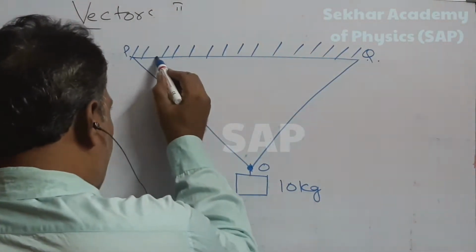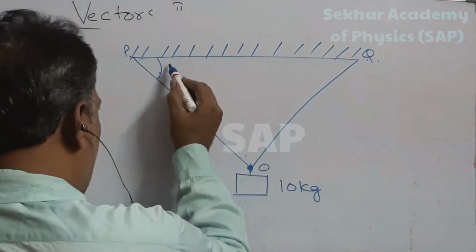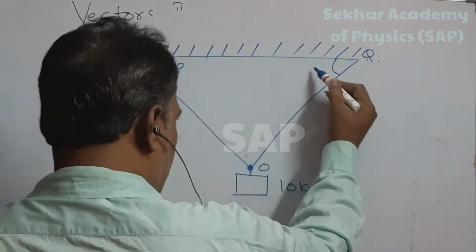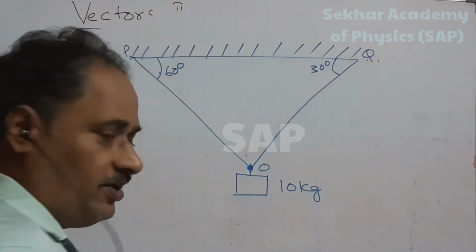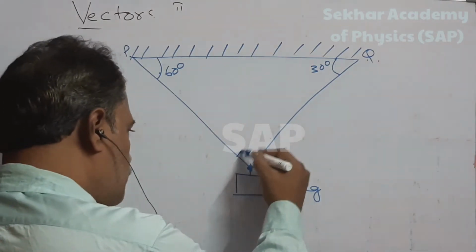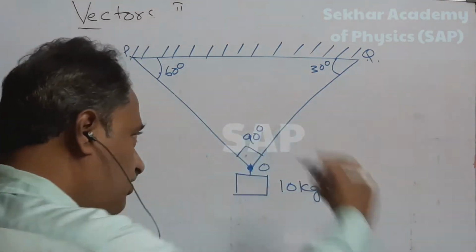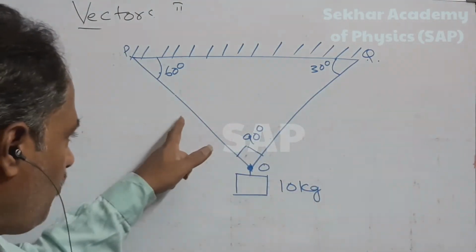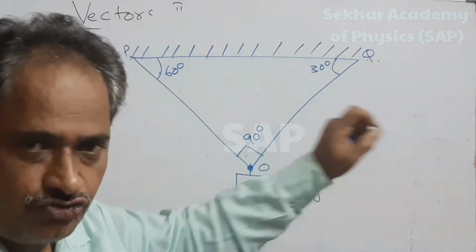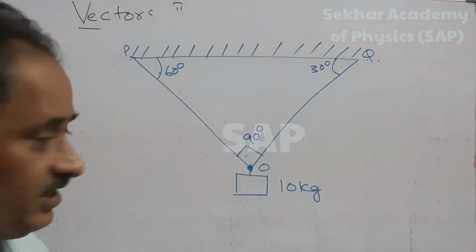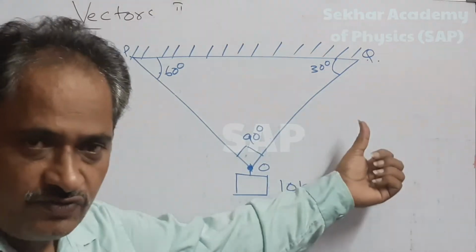This angle, let it be for example 60 degrees, here 30 degrees. Ultimately the angle between these two is 90 degrees. Let it be string 1, let it be string 2. Now we have to find the tensions in strings 1 and 2.